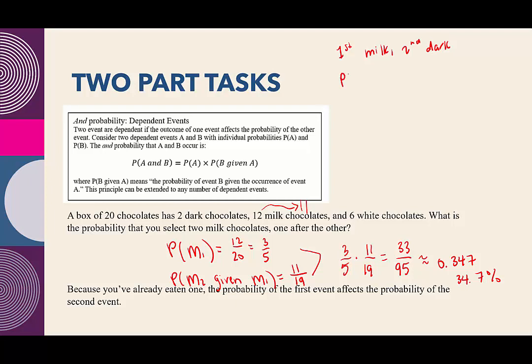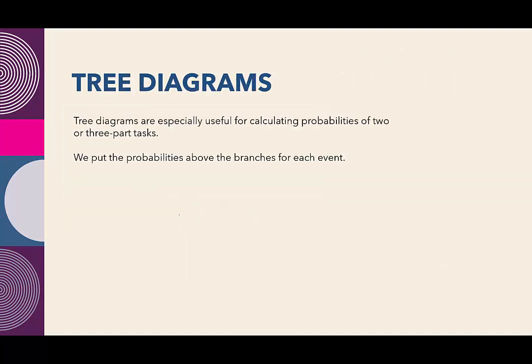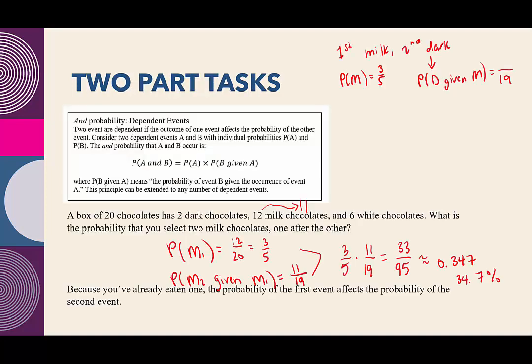So in this case, the probability of the milk first would still be 3 out of 5. I'm just going to reuse that. But now the probability that the second one is dark given the first one, so dark given that milk already happened, again, we did take a chocolate out, so there are only 19, but we haven't taken either of the two dark chocolates out, so there are still both dark chocolates, and then we would multiply 3 out of 5 times 2 out of 19.